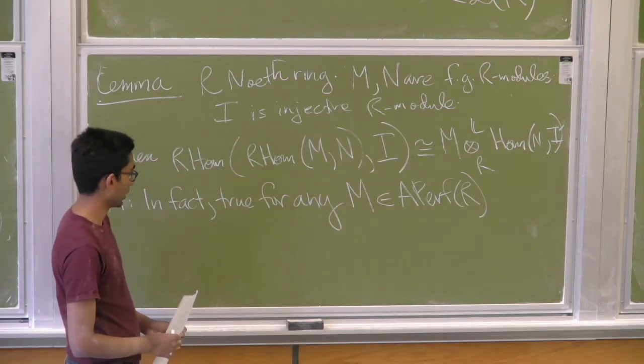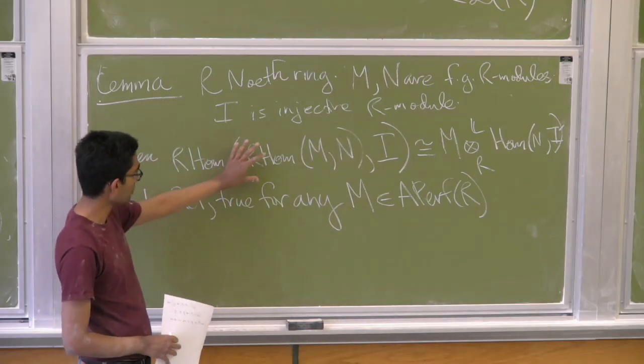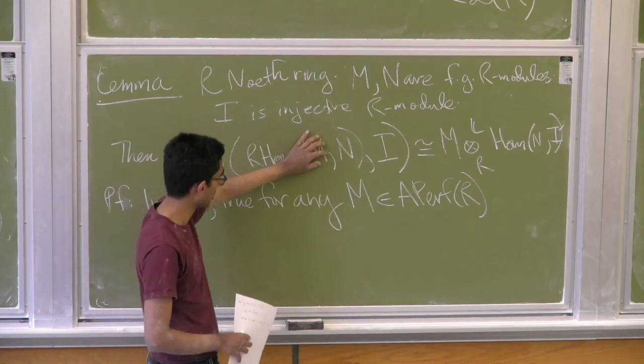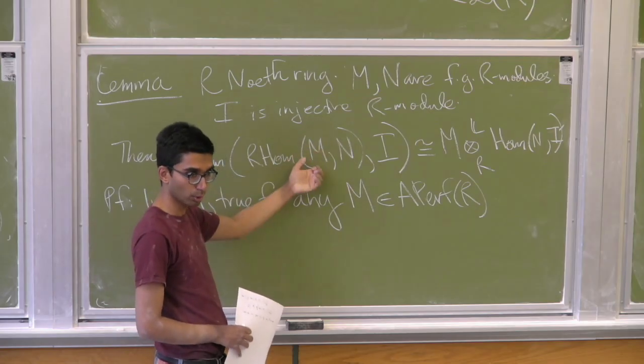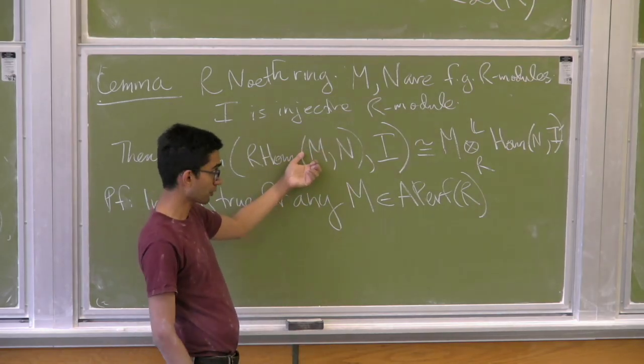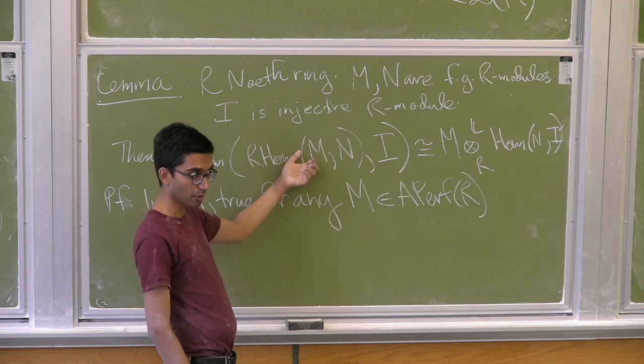Because, right, so what's the idea? Well, the key point is that you can approximate M. So this is true when M is free, and it's true when M is perfect.